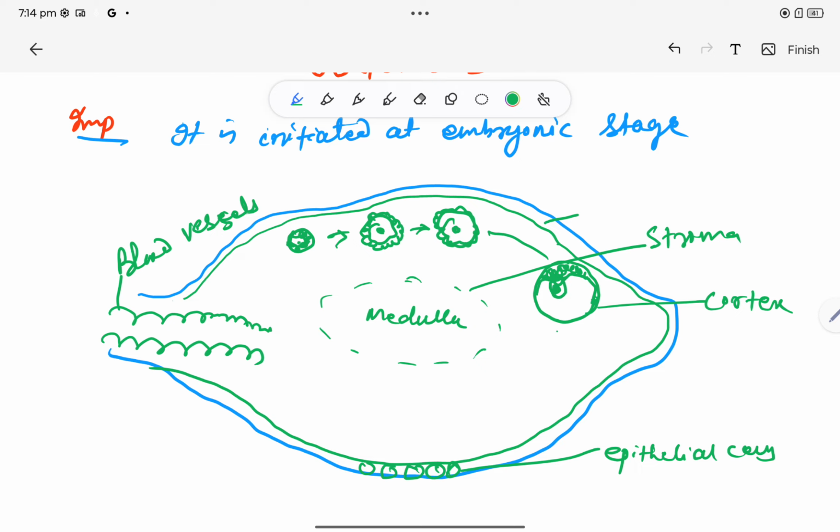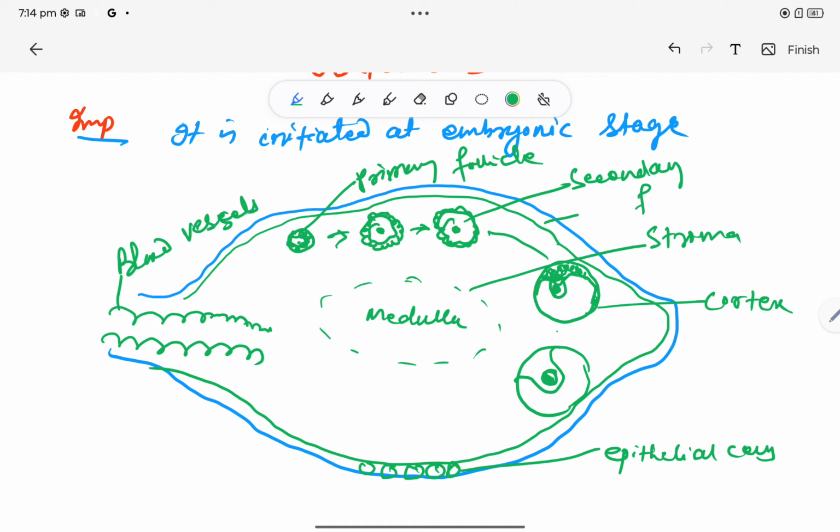So this is the primary follicle, secondary follicle, then this is the tertiary follicle, and then finally it forms the Graafian follicle.